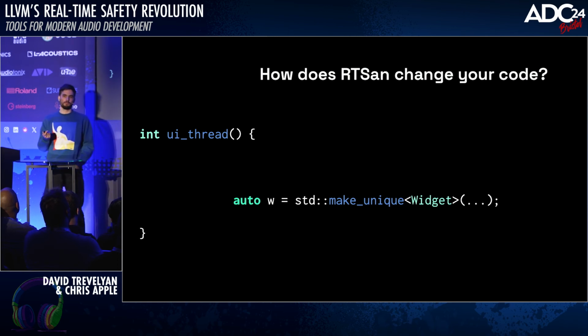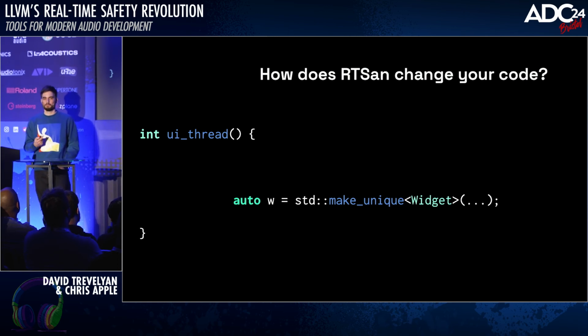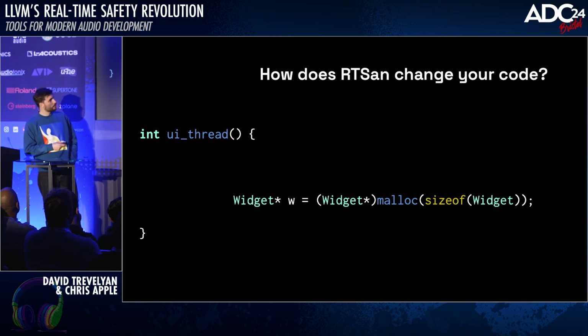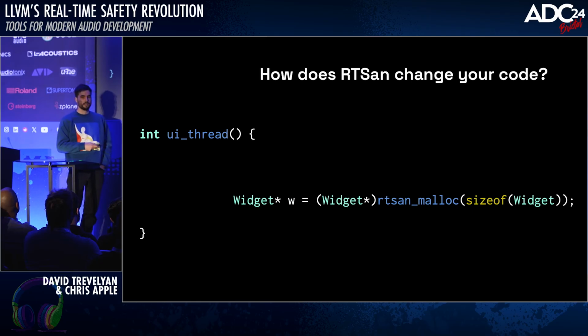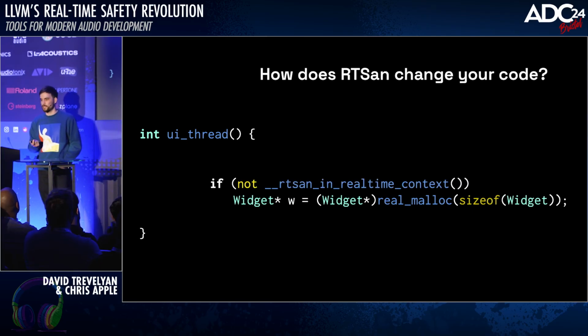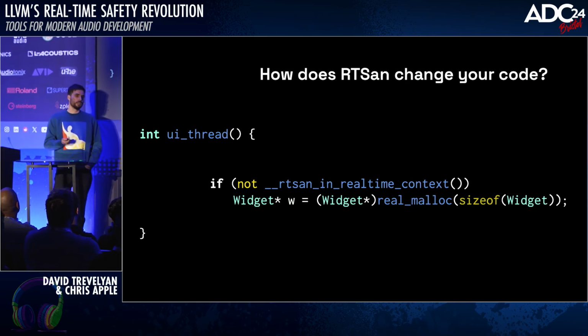Let's say we've got some UI code where you're happy to make small allocations every now and again. Something like this make unique is going to boil down to a malloc, right? And if you've got the sanitizer enabled, that's coming from in your process, so we're going to intercept that. We're going to check if it's in a real-time context or not within that interceptor. And we also have to do a couple of extra checks.